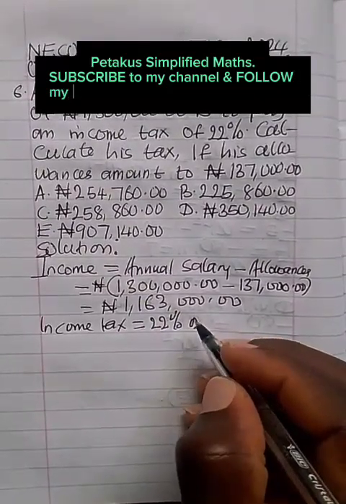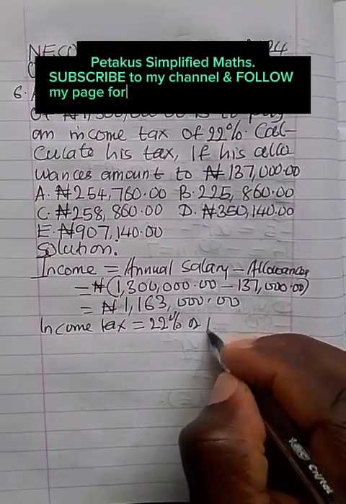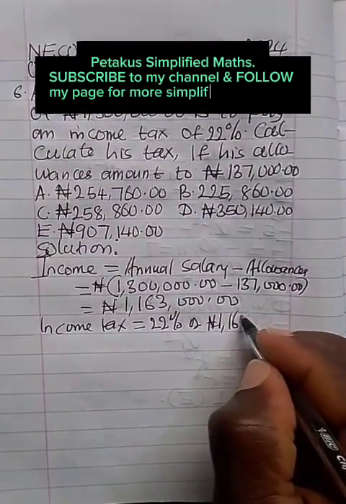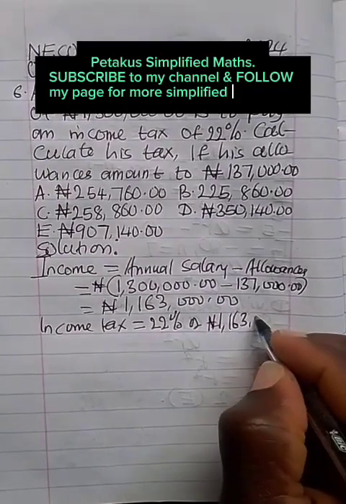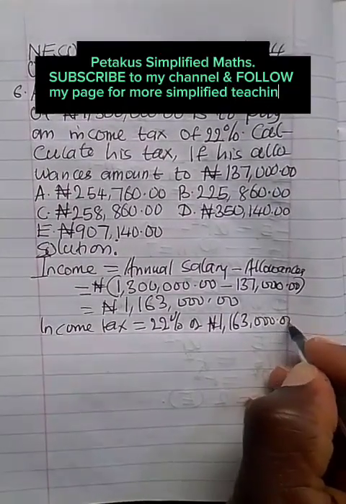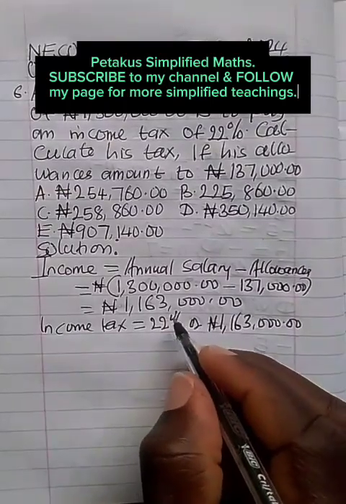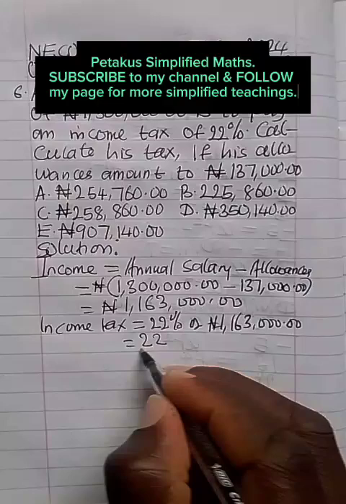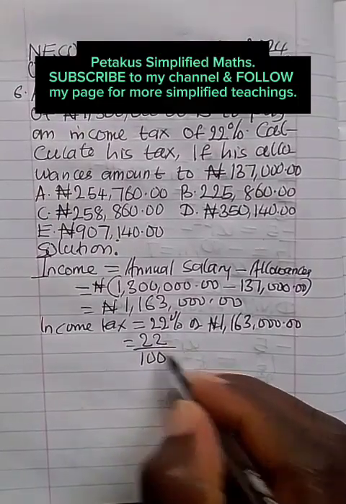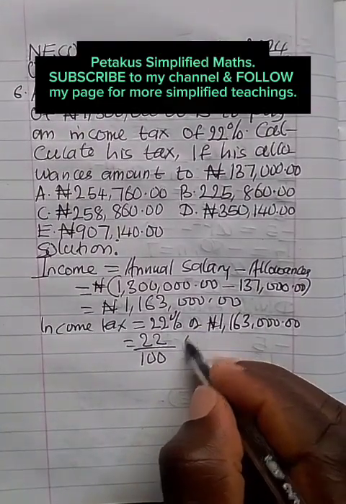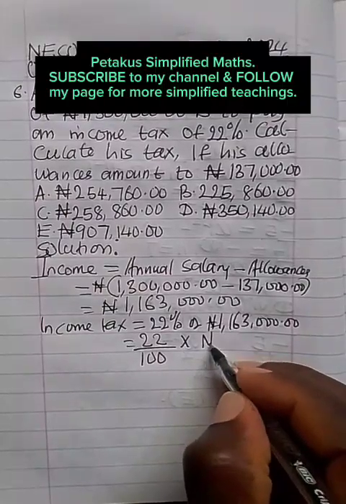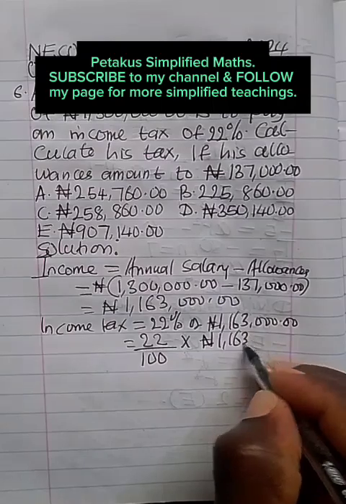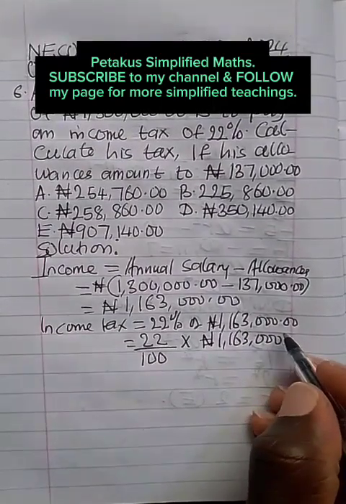So income tax is equal to 22% of the man's income. That is 1,163,000 naira. We convert this from percentage; you divide it by 100. Of means times the man's income, then you simplify.